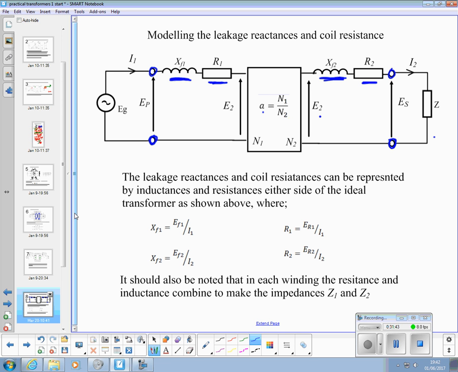It should be noted that in each winding, the resistance and the inductance combine to make an impedance Z1 and Z2. So we can combine these two values together into one impedance with a magnitude and angle if we want to or need to.